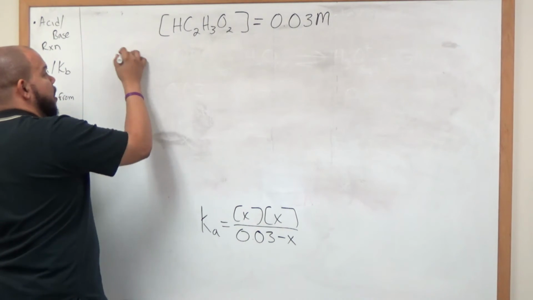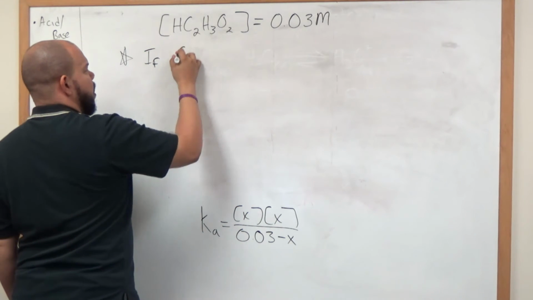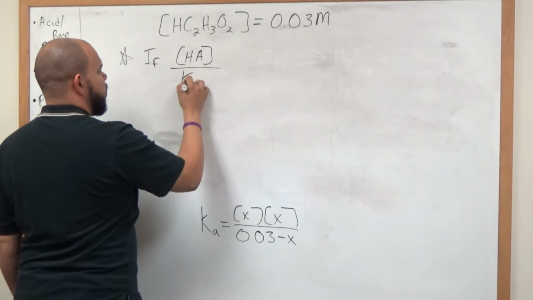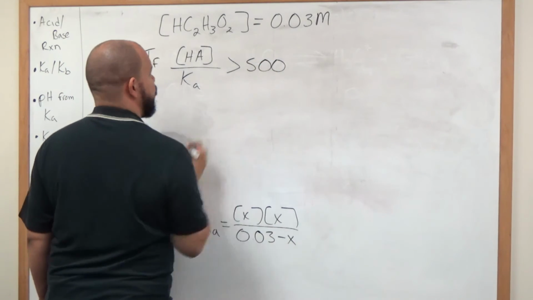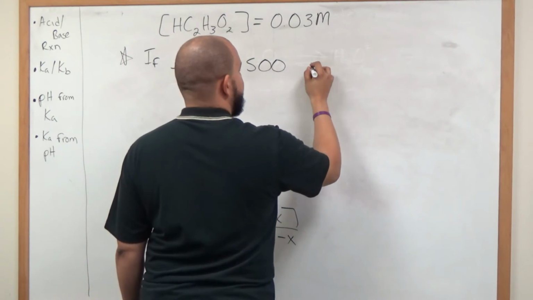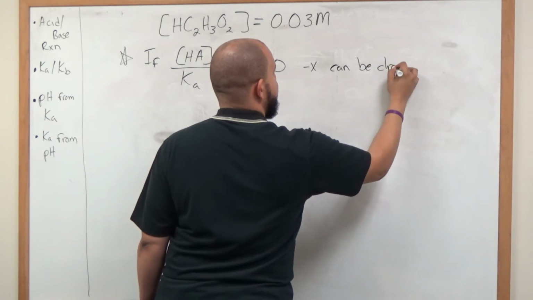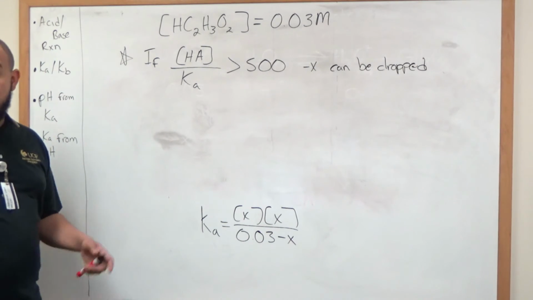So the shortcut is, if the concentration of the acid over the Ka is greater than 500, the minus x can be dropped. It's very important. So I'm going to show you the example.